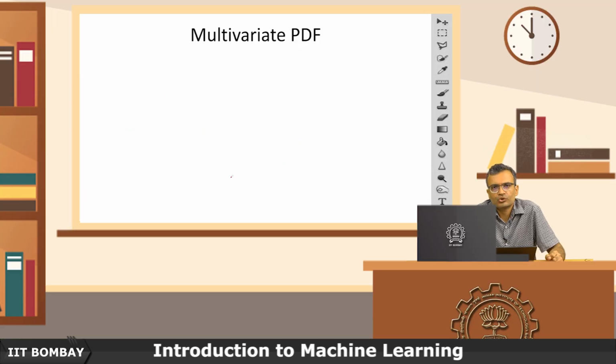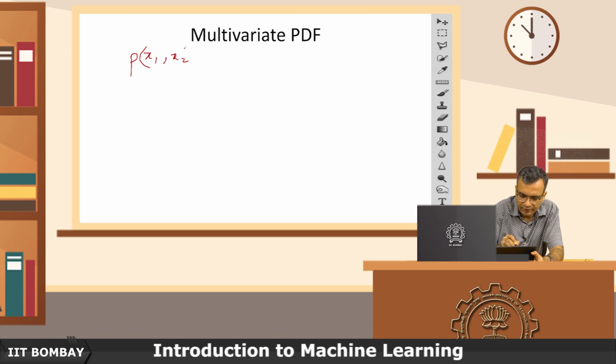Okay. So, just like we saw multiple variables in the discrete form, you can also have multiple variables in the continuous form. So, let us say you have two variables x1 and x2. So, you can have a joint distribution over x1 and x2. Now, I cannot draw this joint distribution, but I can draw its contours.